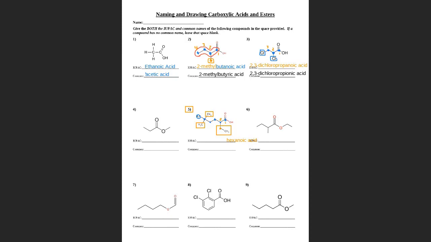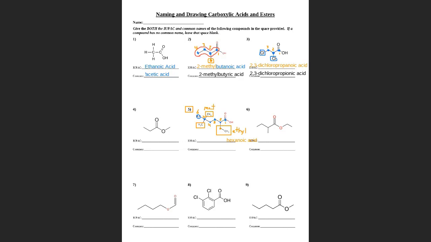So what is that 2-carbon branch called? Ethyl, very good. And what is the 1-carbon branch called? Methyl. So we have 1 ethyl and 2 methyls.